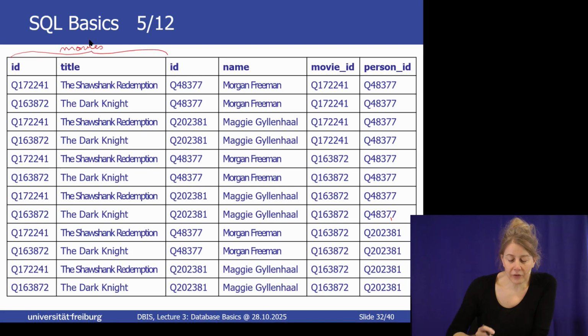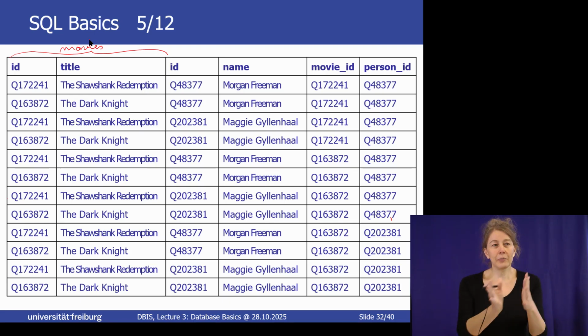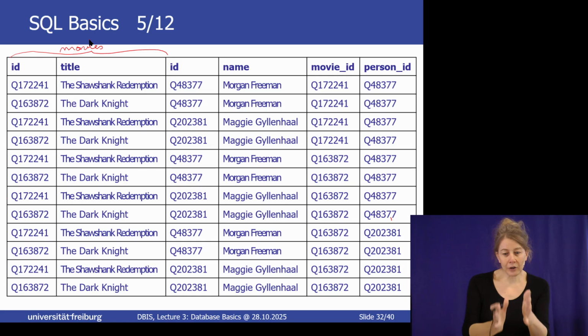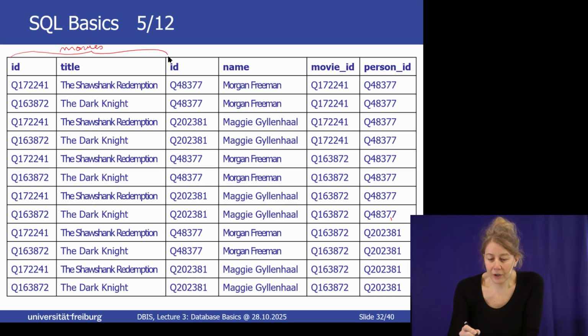So it's just the first two columns are from the table movie. This is from the table persons. And this is from the table roles.